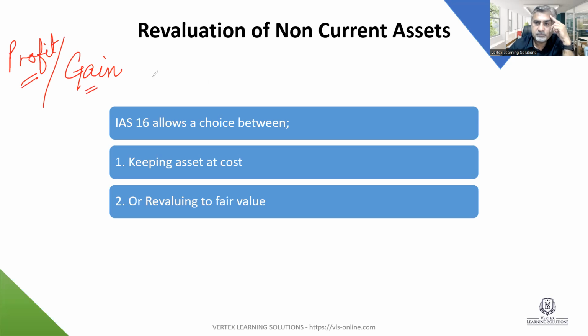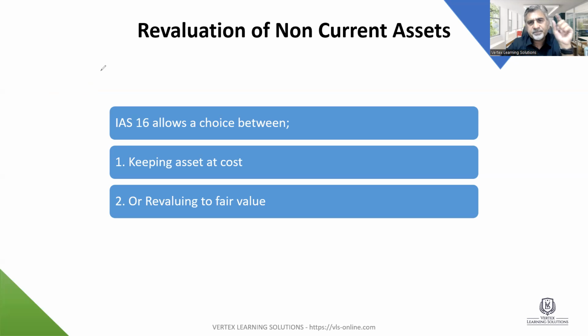Okay, so there is a difference in these two terminologies. Profit is something which comes from my operations. Actually, both are a benefit for me. They both are a source of income for me. But profit is something which I earn through my operations, and gain is also my income, but not from my operations.